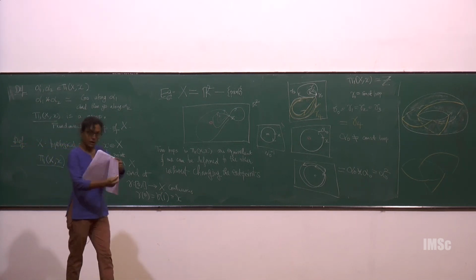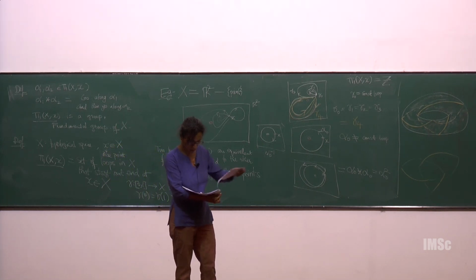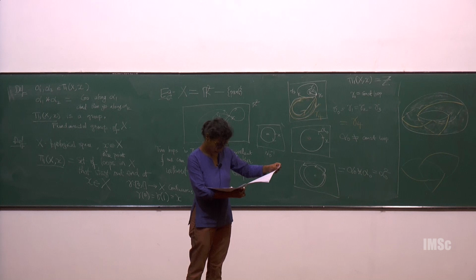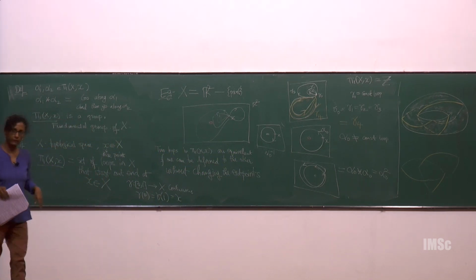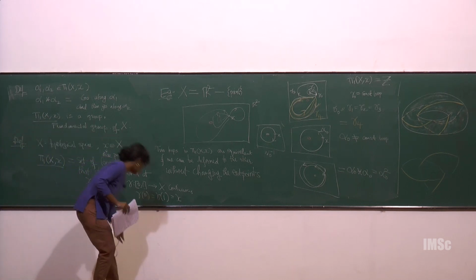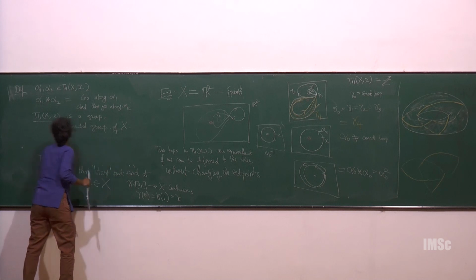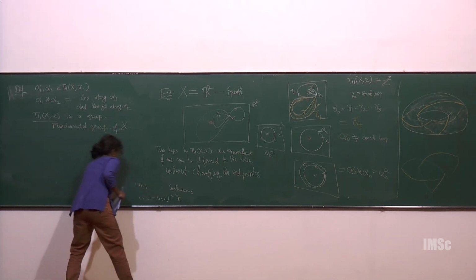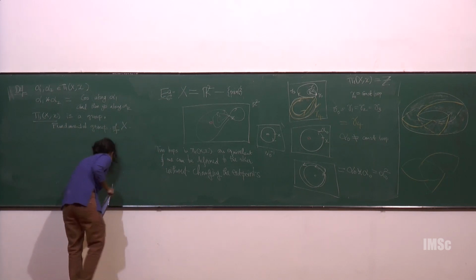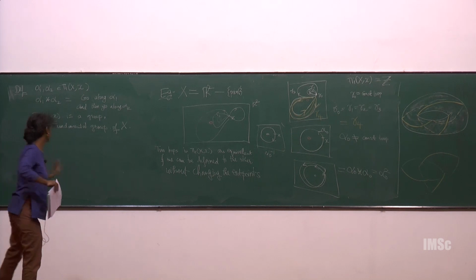Now, I don't have too much time left, so I have to get to my point, which is how to see the braid group from a different viewpoint. So for that, I'm going to take a very strange x.